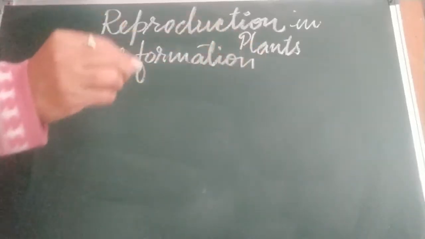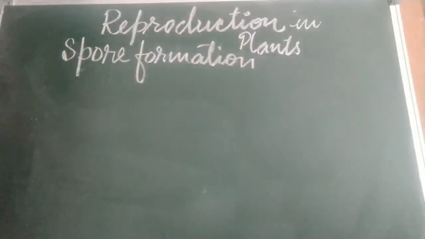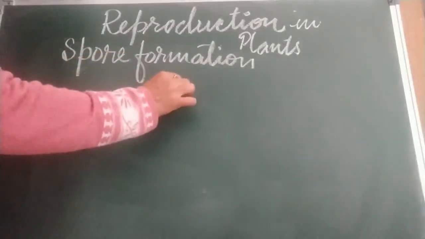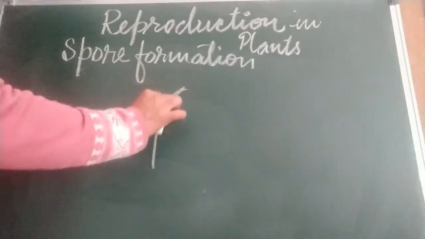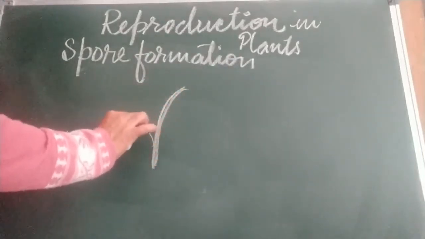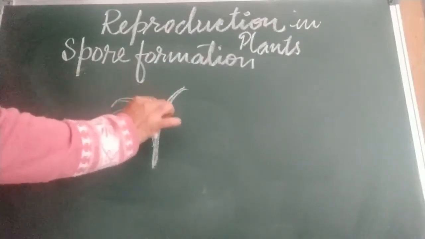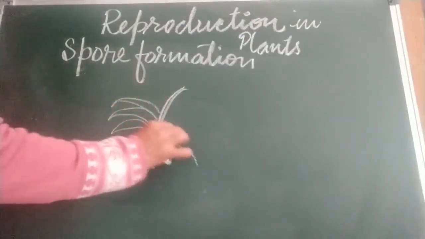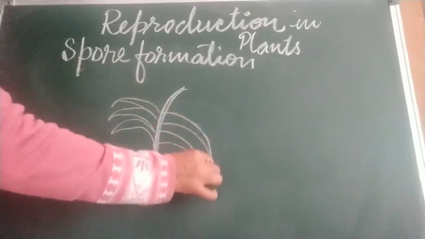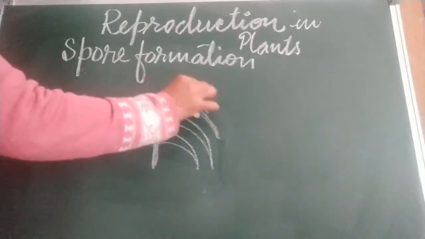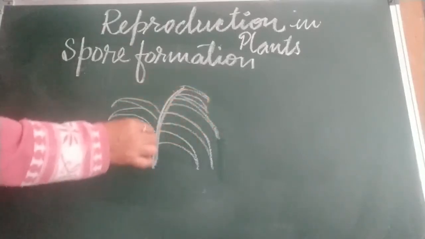You have seen bread molds and all. Some plants such as ferns and mosses also multiply asexually through spore formation. Children, there is one plant we call fern. If it is there in your home, you can see the leaves are like this. And at the back of these leaves, you can see several spores attached.